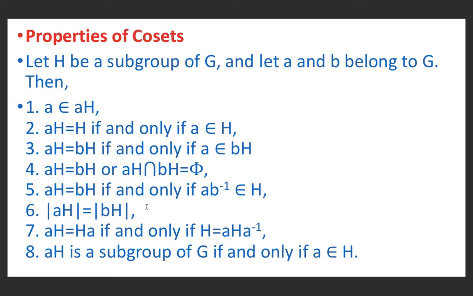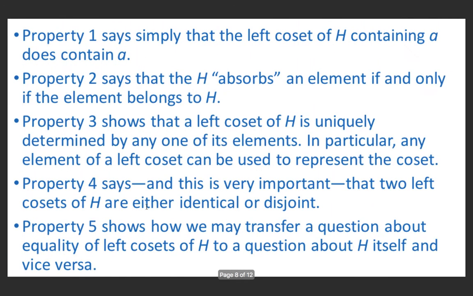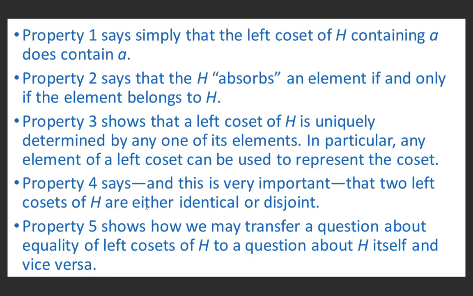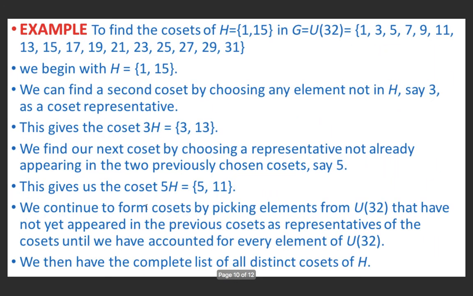Indeed, we may view the cosets of H as a partitioning of G into equivalence classes under the equivalence relation defined by A is related to B if AH equal to BH. So these are the explanations of all the properties which we have proved.